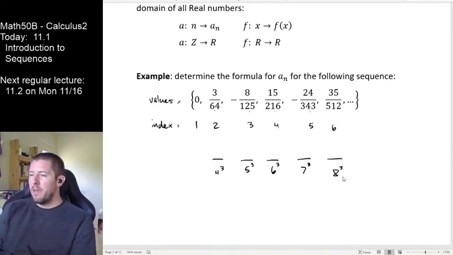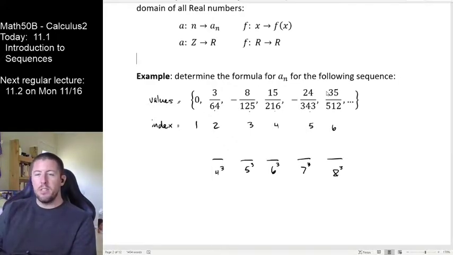My next question might be what's up with the positives and negatives, and what's up with the numerator up here? So another thing that I'm seeing is my numerators. These don't look like numbers that I recognize as immediately as 64, 125, 216, 343. I recognize those as cubes of numbers. But 3, 8, 15, 24, 35, I guess a thing that I'm seeing here is that 3 is really close to 4, which is a square. 8's close to 9, which is a square. 15 is close to 16, that's a square. 24 is close to 25, that's a square. 35 is close to 36, which is a square.